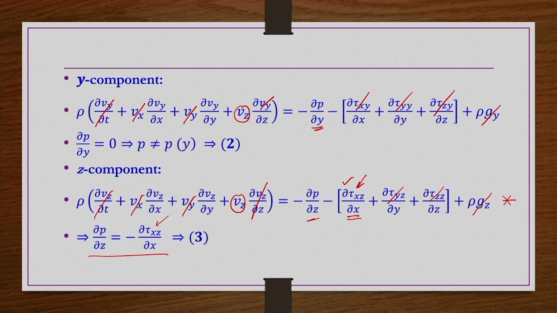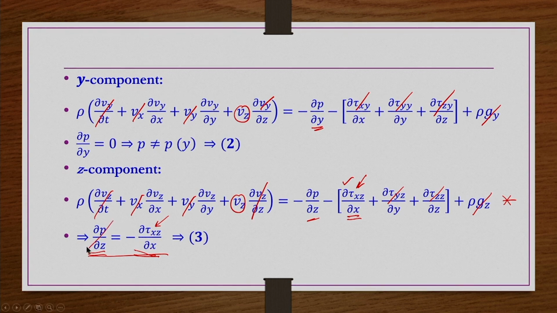Now, here in place of tau xz you substitute minus m times dou vz by dou x to the power n, and then simplify to get the required velocity profile. But before doing that, this is a viscous force term and this is a pressure force term. So, in this viscous heat generation problem, in general viscous forces are very strong compared to the other, and the pressure force is very small and negligible compared to the viscous forces.